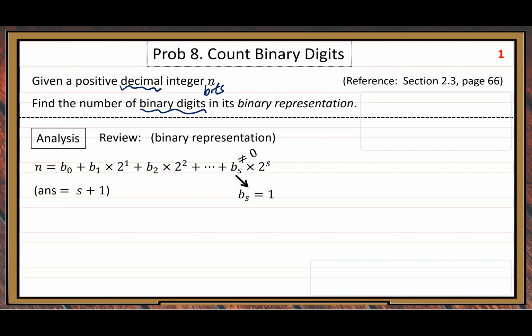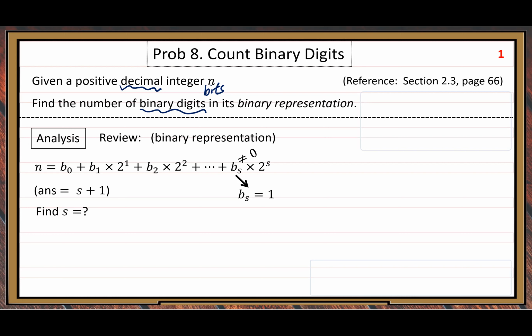But the question is, here in your answer expression, you use s, and our given data is n. So when you have an expression not using the given number n, you need to do the conversion. You need to write this s plus 1 in terms of n.